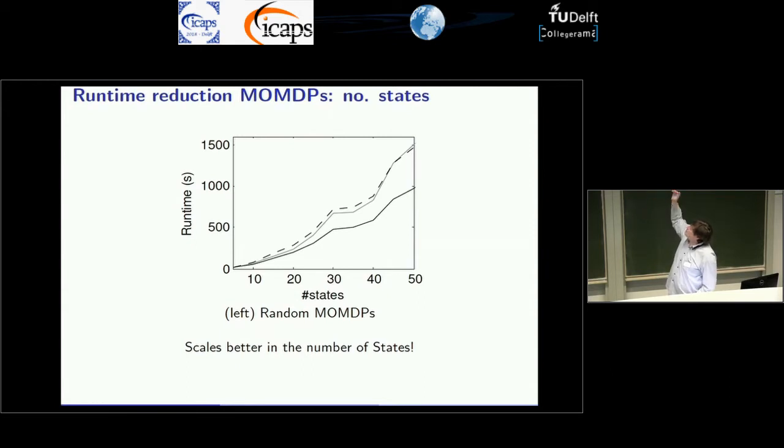And so this is actually a very significant improvement, and also note that because convex hull value iteration is the state of the art, this is actually cutting a third of the runtime up to 50 states, and the difference improves over time.